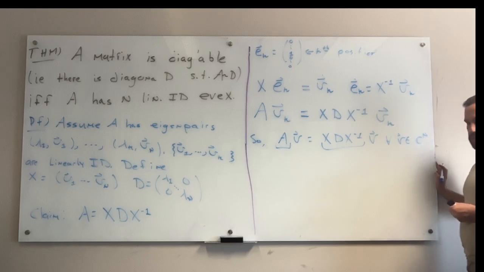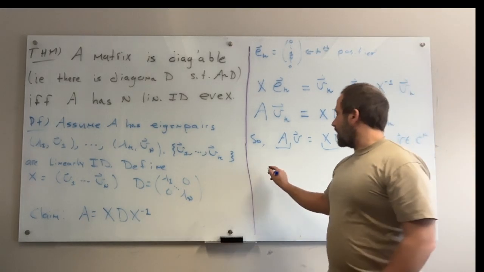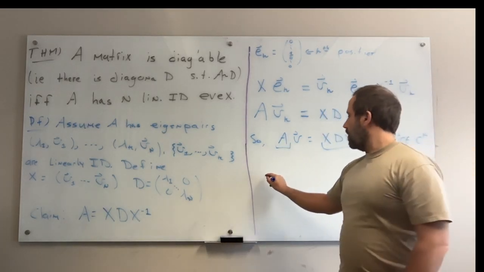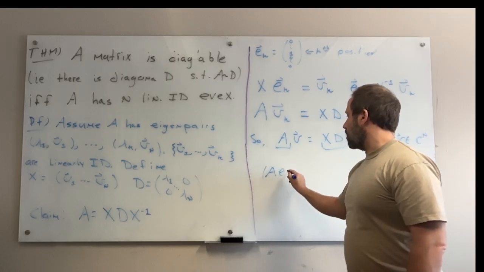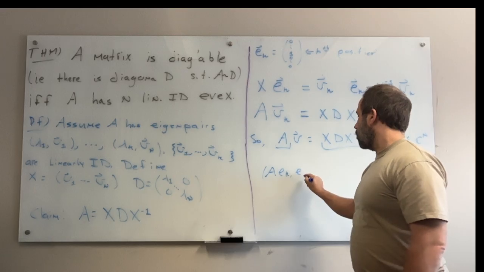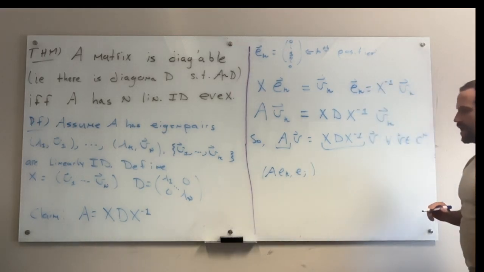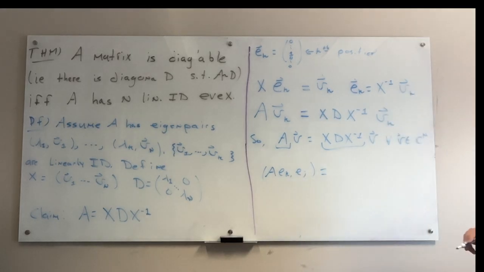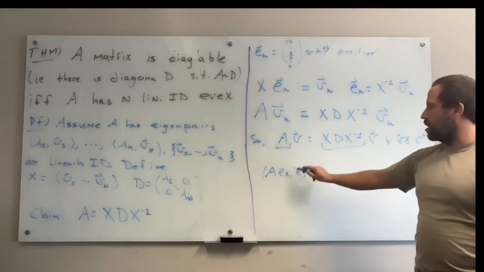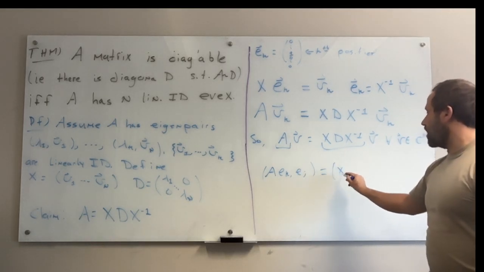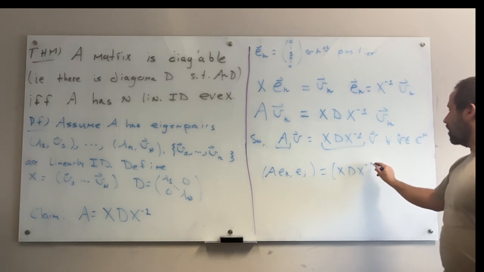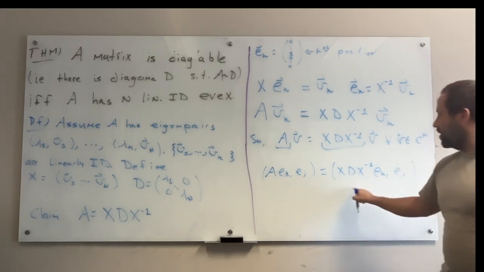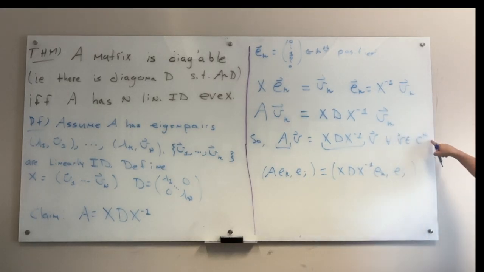Another way to see this is that the kj entry of A is the standard inner product of e_k with A e_j. Since A times e_j, if I use V here for e_j, I can write this as X D X inverse e_j, and these two things have to be equal to each other because of this relationship here.